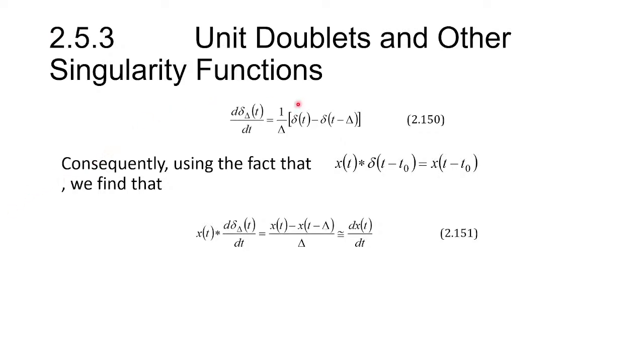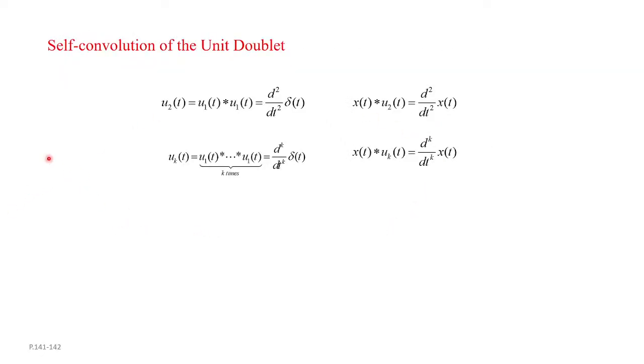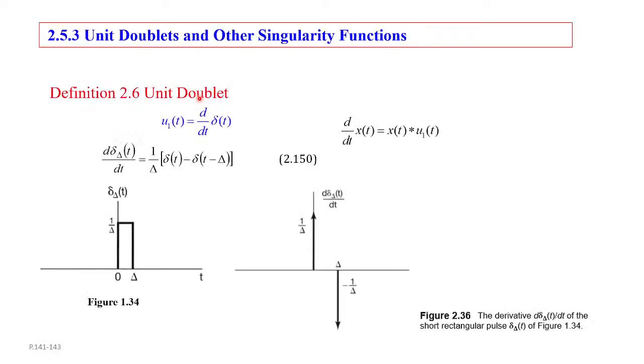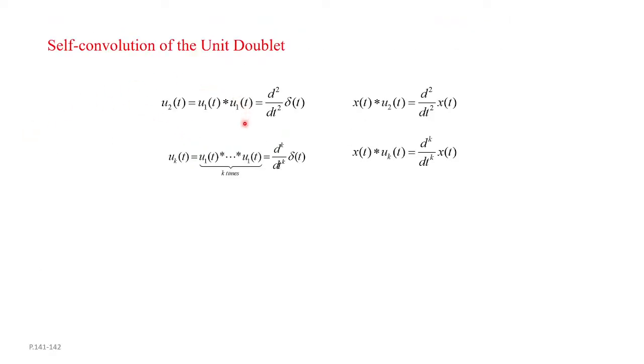Also, some reminder we can skip. You can generalize this to the nth power, so you can convolve u1 with itself, and you get the twice differentiation of delta of t.